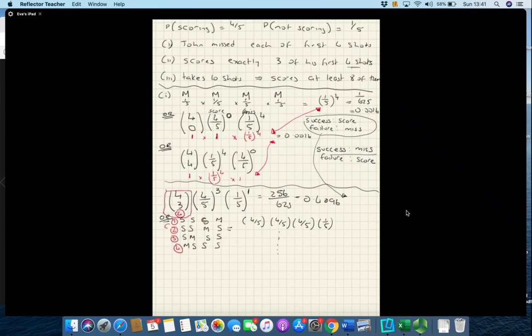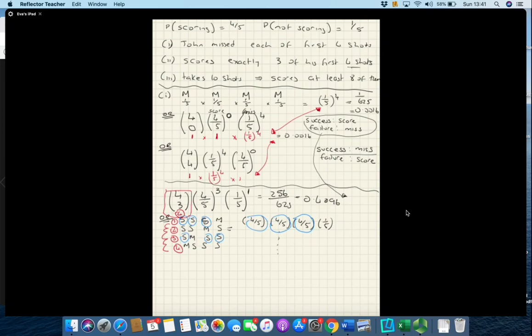So that's what 4 choose 3 does. It tells you how many combinations you have of achieving whatever the question asks for, in this case scoring exactly 3 out of the first 4 shots. And you'll see in each of these lines you have 3 scores, albeit in a different order, so you have three 4/5s.